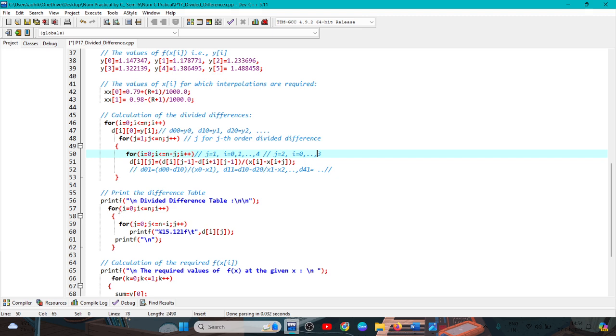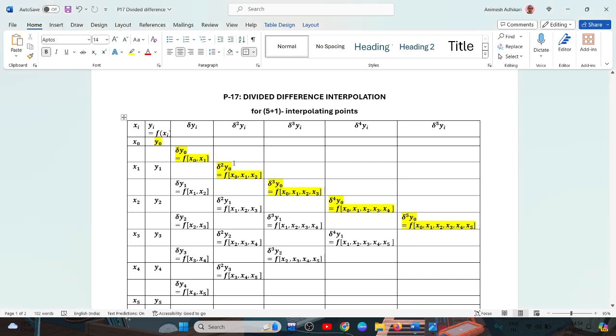So when i equal to 0 and j runs from 0 to n equal to 5, that is 0 to 5, we print d00, d01, d02 and so on, row wise: this is y0, delta y0, delta 2 y0, delta 3 y0, delta 4 y0, delta 5 y0.